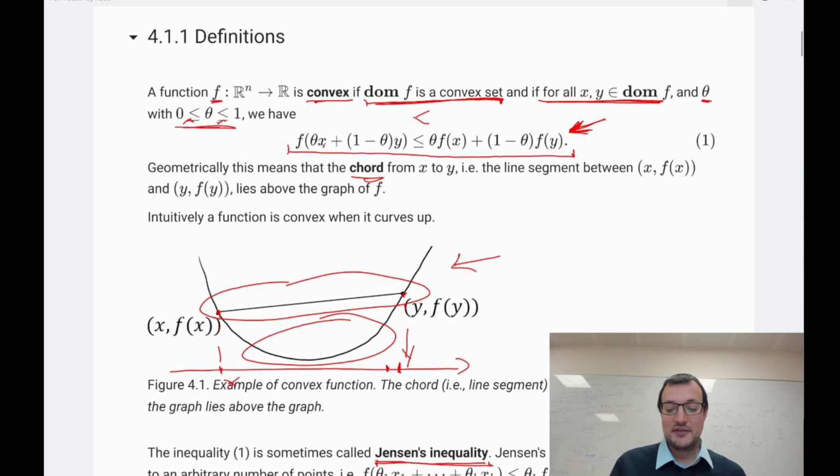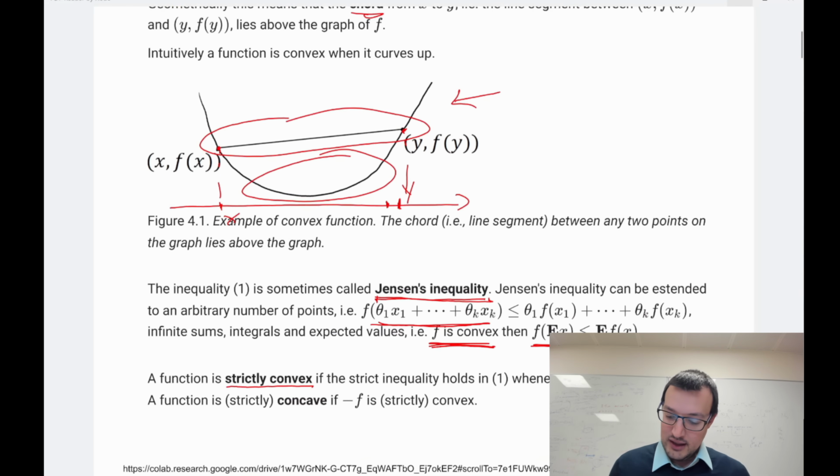And if we have the strict inequality, that's not true. It's not true that f of y is less than f of y. So for strict inequality, x and y have to be different, and theta has to be non-zero and not 1. I said that x and y do not have to be 0, but what I meant is that the condition has to hold strictly when x and y are different.